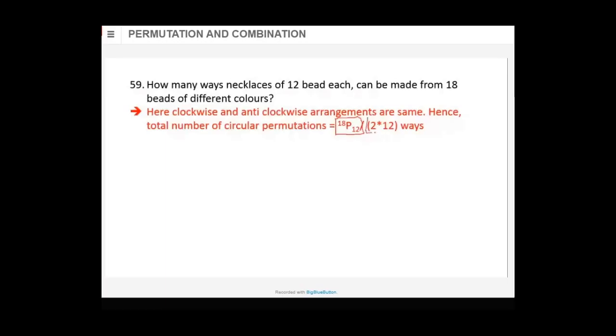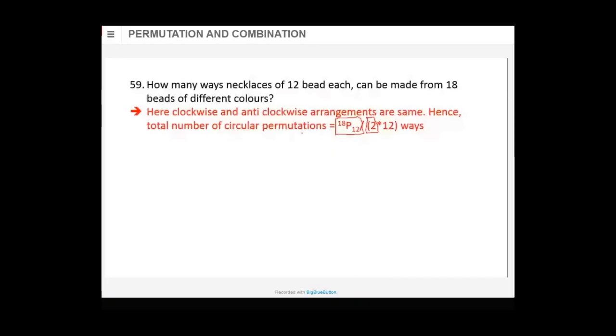Why divided by 2? Because it is a necklace, and in a necklace, clockwise and anti-clockwise arrangement is one and the same. Now left is 12. Why that divided by 12? Divided by 12 because you are making a necklace of how many beads? 12 beads.